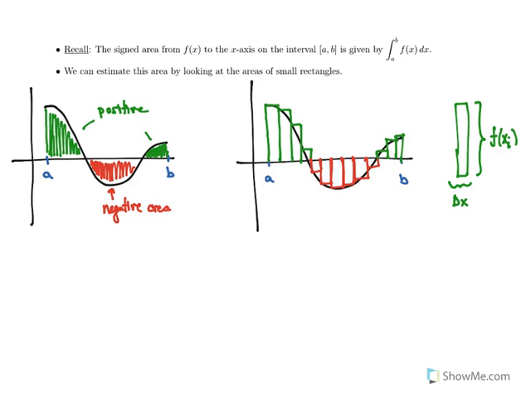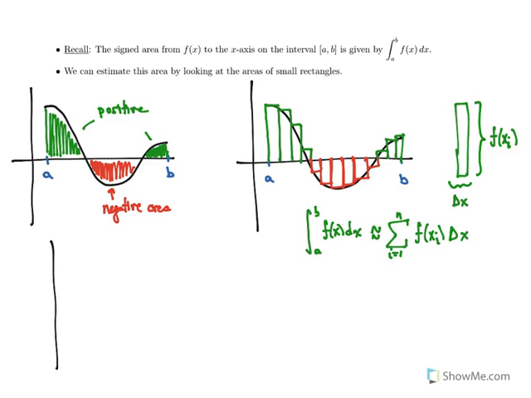And if we want to find the total area, we have that the integral from a to b of f of x dx, this area, is approximately equal to adding the area of all of these rectangles, which is base times height, f of x sub i times delta x.